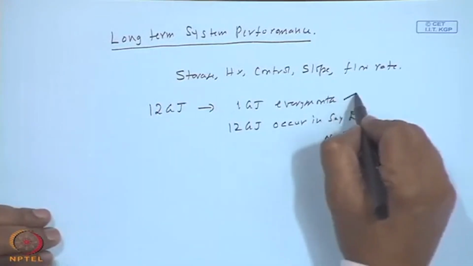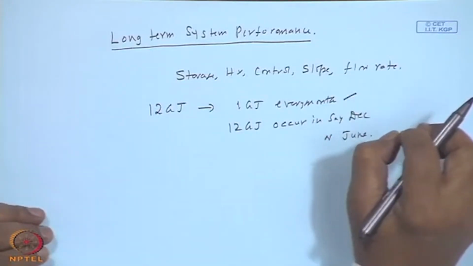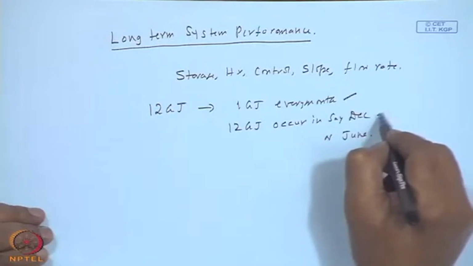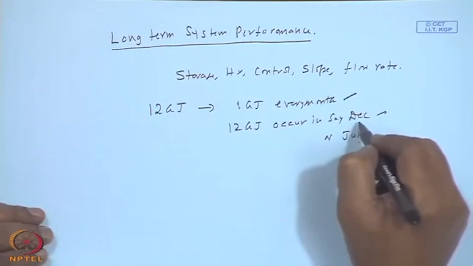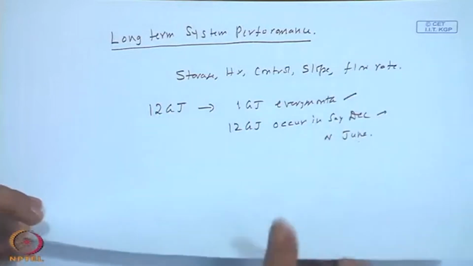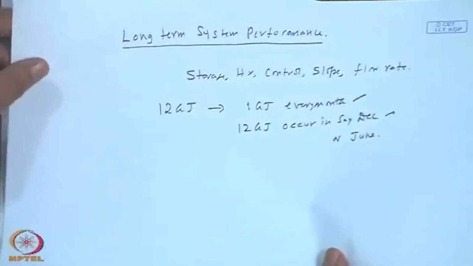So, this is likely to have a higher effectiveness for a given area than this particular distribution, and this is likely to be better than what it would be in December. So, not only the quantum of the load, but its distribution also plays an important role.